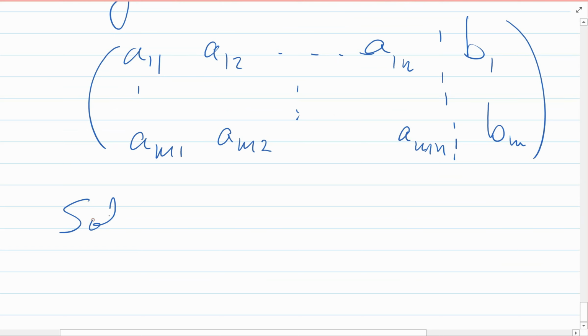Now just to say a word before I wrap up: what is a solution? A solution is a bunch of numbers that, if you plug them into x1, x2, ..., xn, satisfy all the equations.